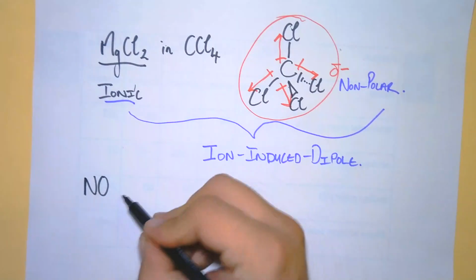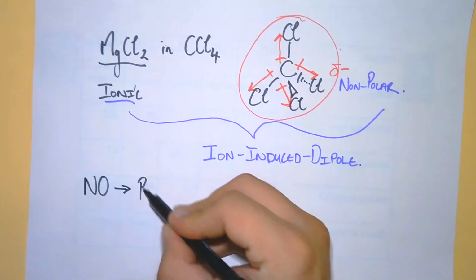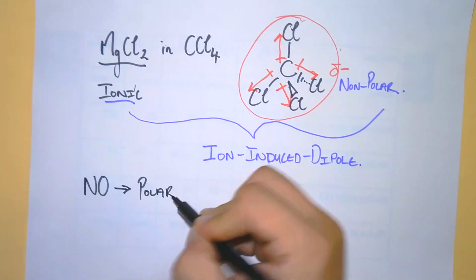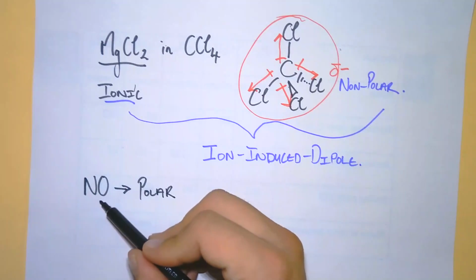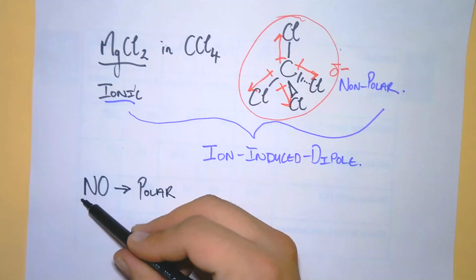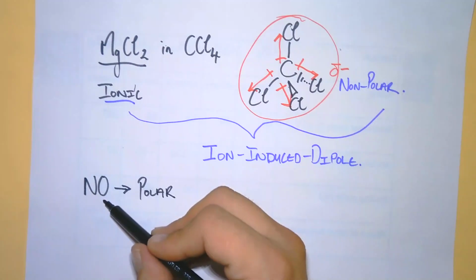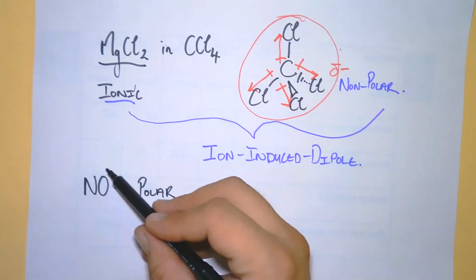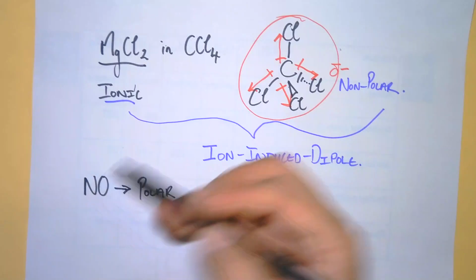Nitrogen oxide, which is a polar molecule, mainly because it's linear and the electronegativity difference of nitrogen and oxygen is different. Nitrogen 3, oxygen 3.5. So oxygen would be slightly negative, nitrogen slightly positive.